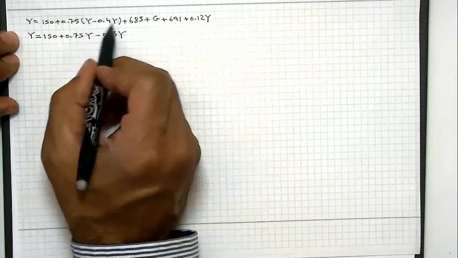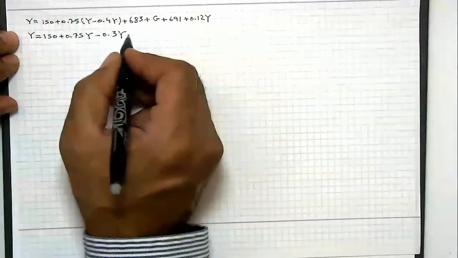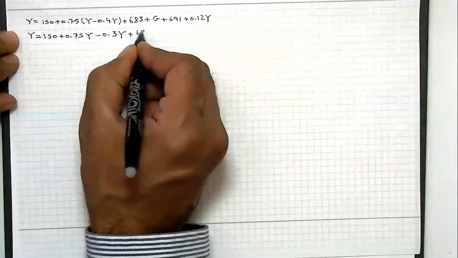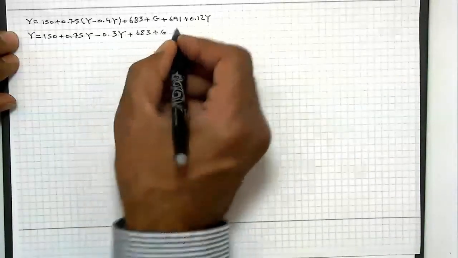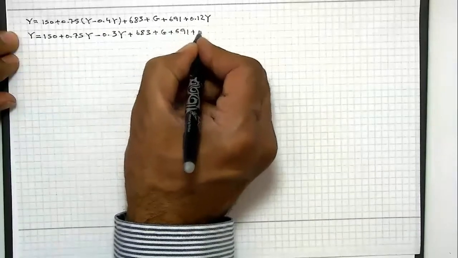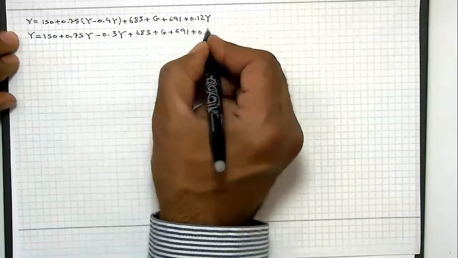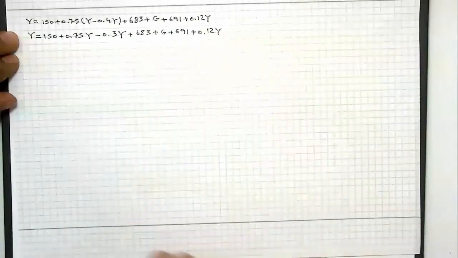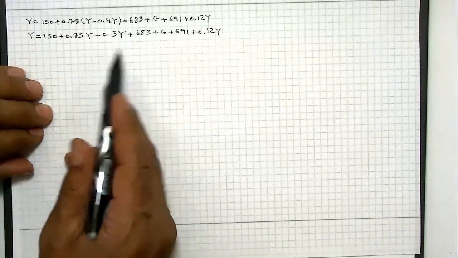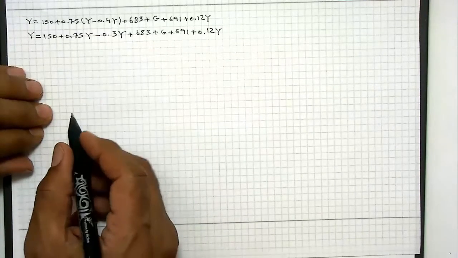So I get rid of this parenthesis and have these two terms instead. Then again 683 plus G plus 691 plus 0.12y.